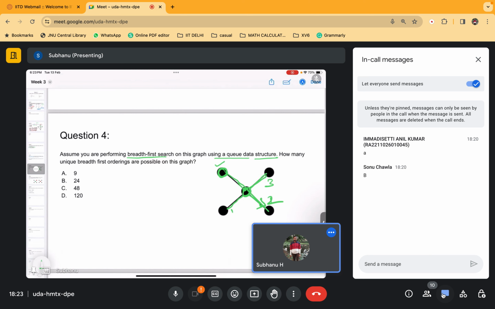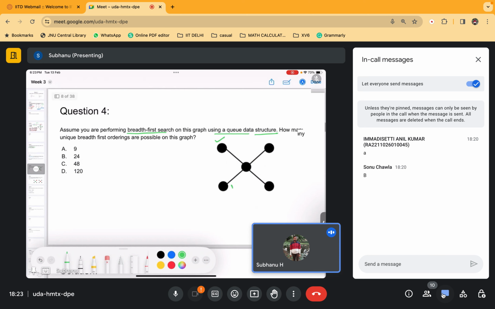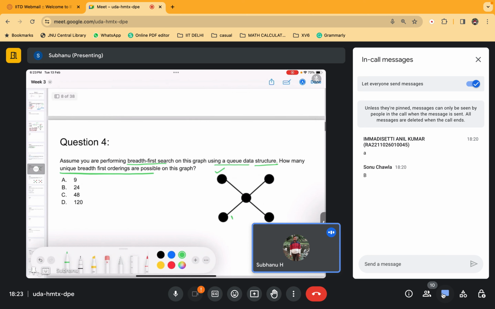So how many unique breadth first orderings are possible on this graph? This is the question. Please try to put your answer in the chat box.